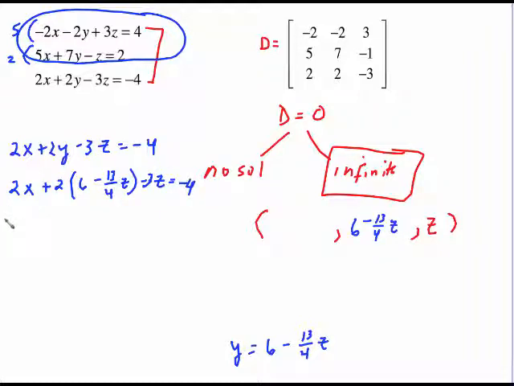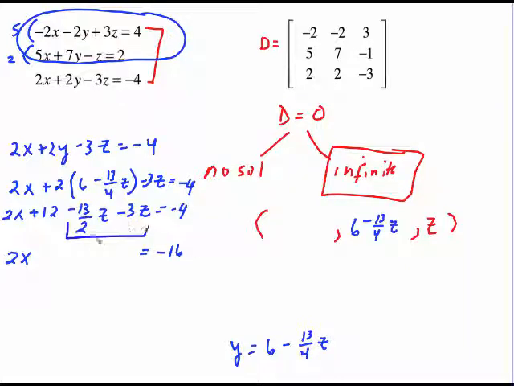So cleaning up a little bit, 2x, distribute the 2, is 12 minus 13/2 z minus 3z equals negative 4. I'm going to subtract 12 over and get that out of the way, so that's now negative 16 over here.